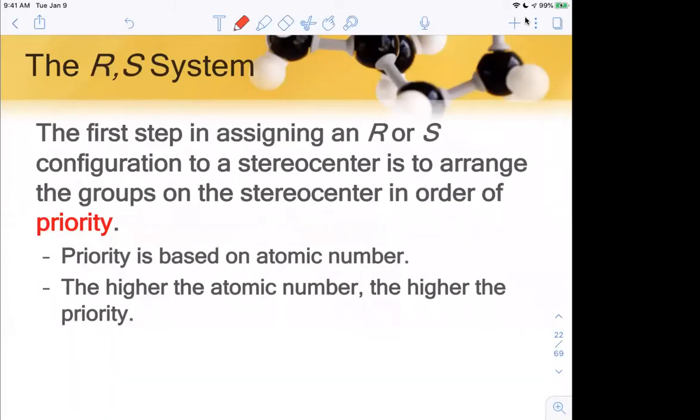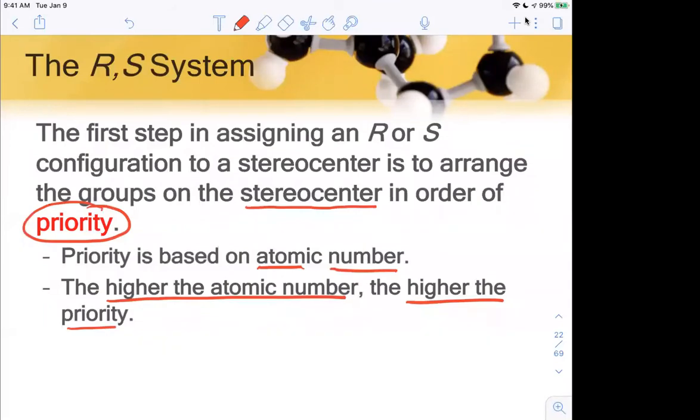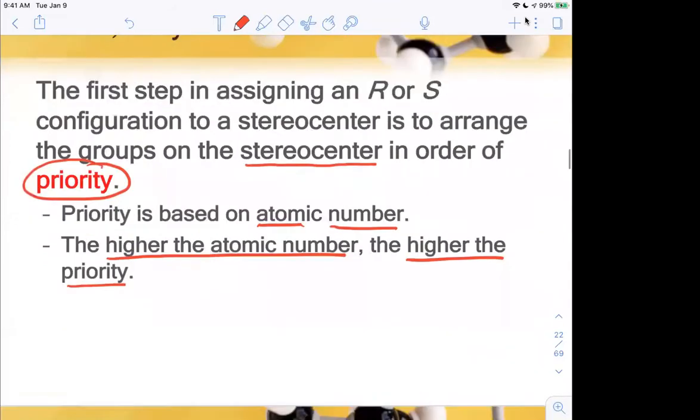The first step in assigning an R or an S configuration is to arrange the groups that are attached to that stereocenter in order of priority. Priority is based on atomic number. The higher the atomic number, the higher the priority. So what does that mean?